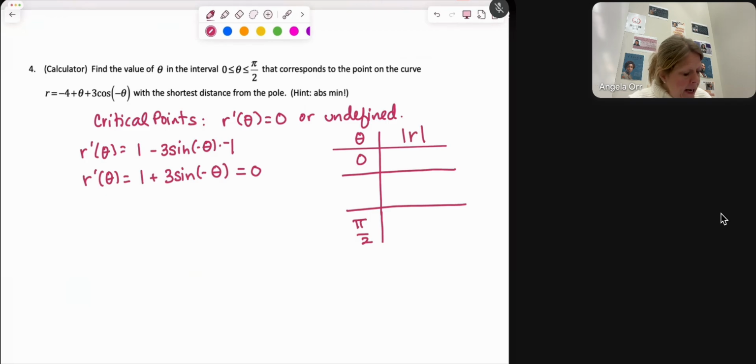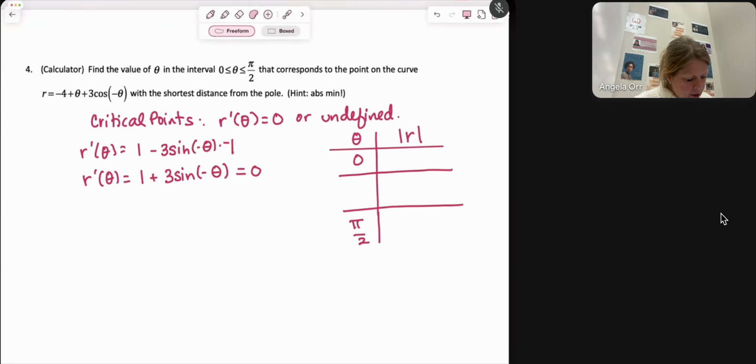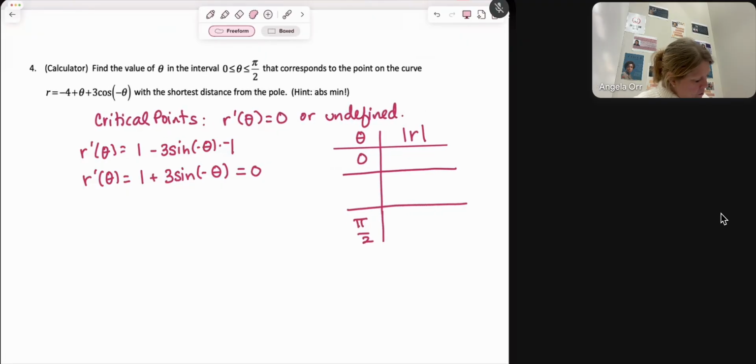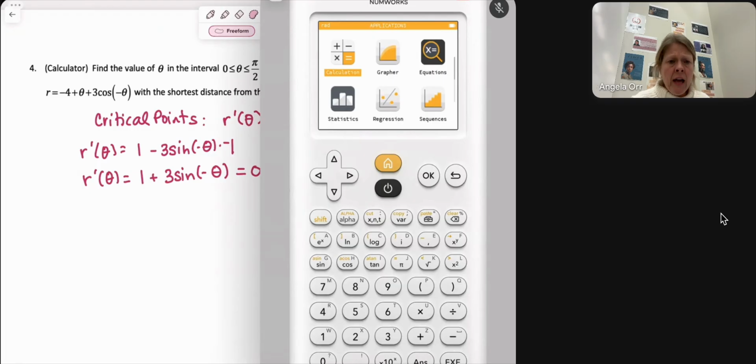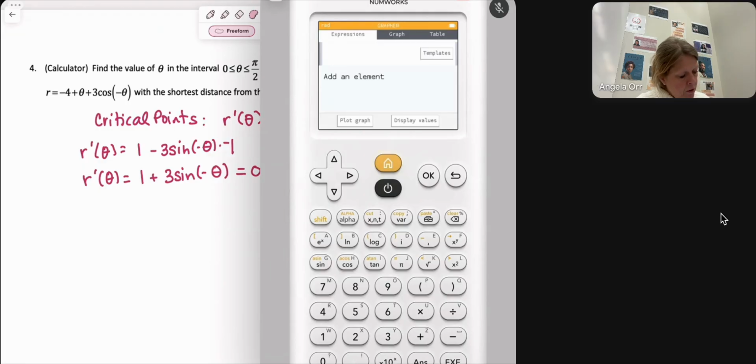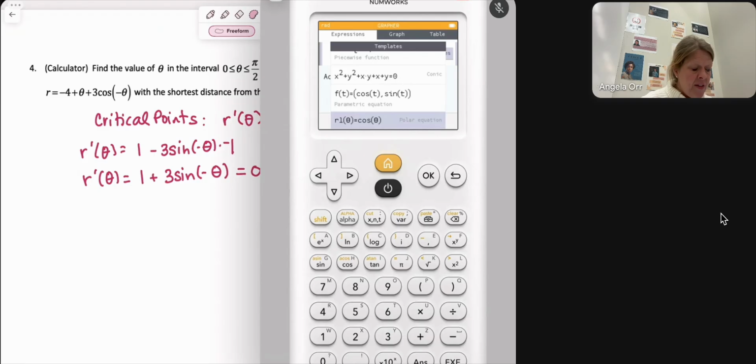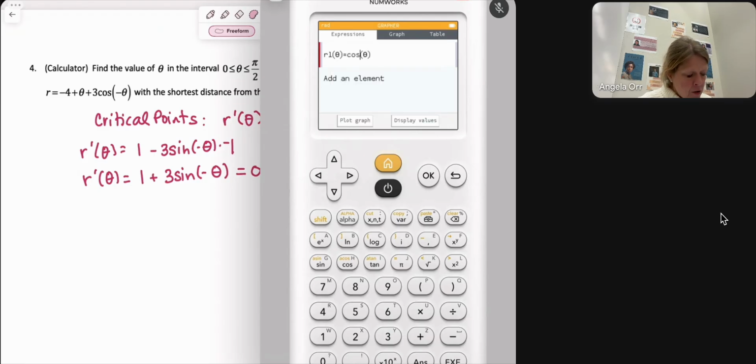All right, so let's go ahead and grab our NumWorks calculator. For this, I am going to enter into my grapher. I am going to first go to the templates, and I'm going to go down to my r of theta function, my polar equations, and I'm going to enter the original function.